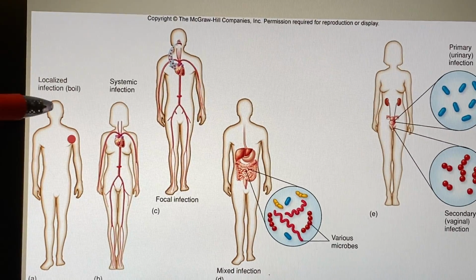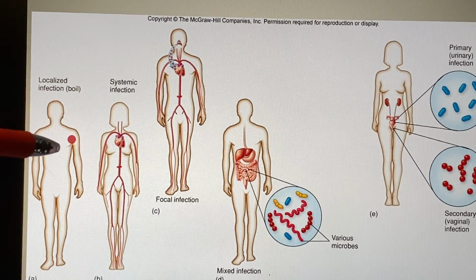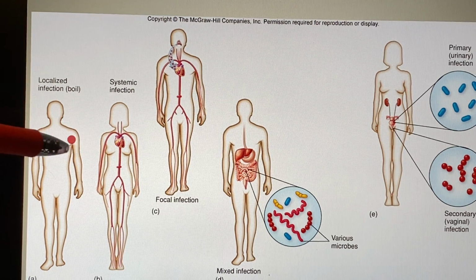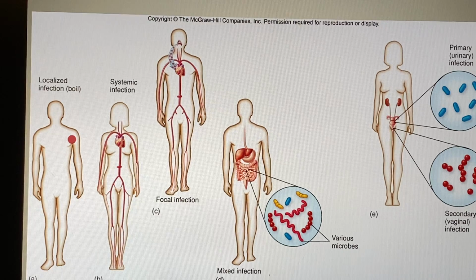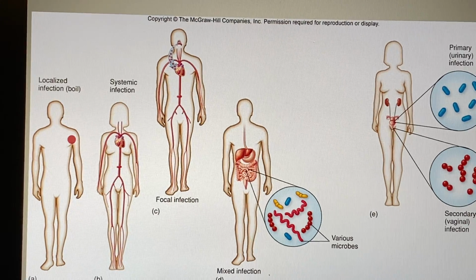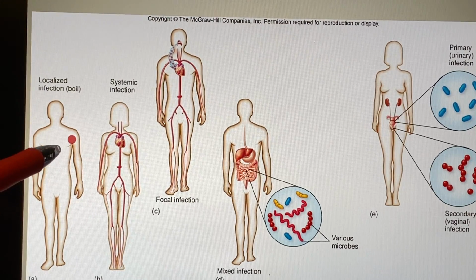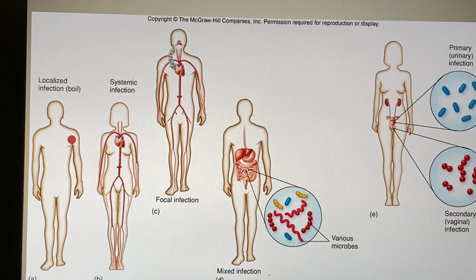A localized infection is when the infection is just kind of walled off, and it is in one area of the body, and it's not spreading through the bloodstream. For example, if someone had a boil or an abscess, you're going to have pus there, but that can be drained and you can treat it with an antibiotic. That would be an example of a localized infection.